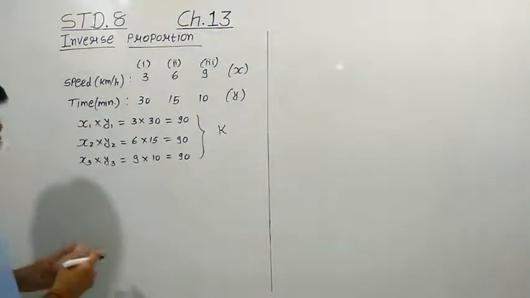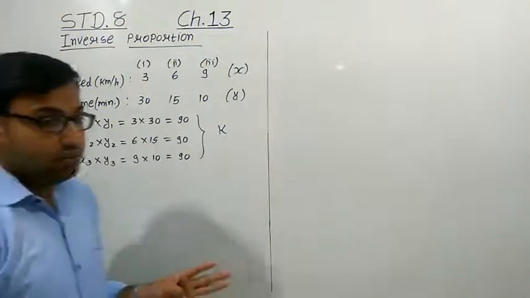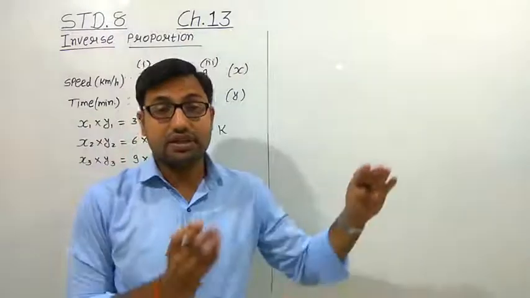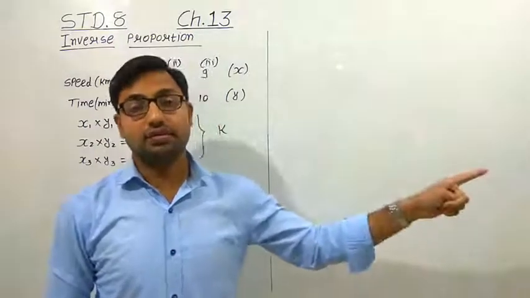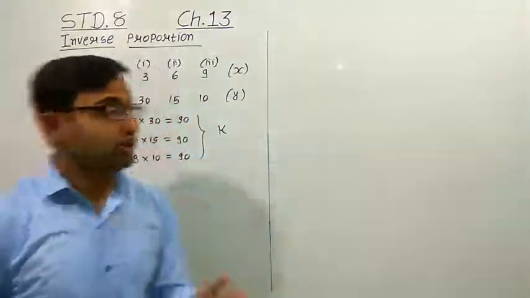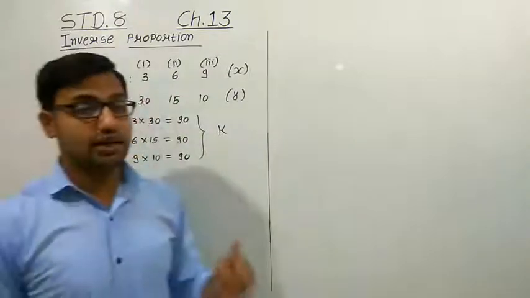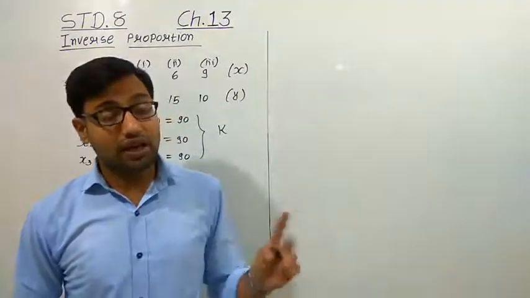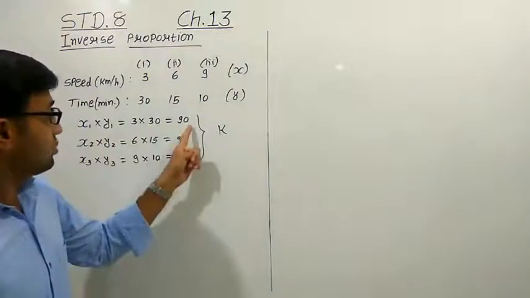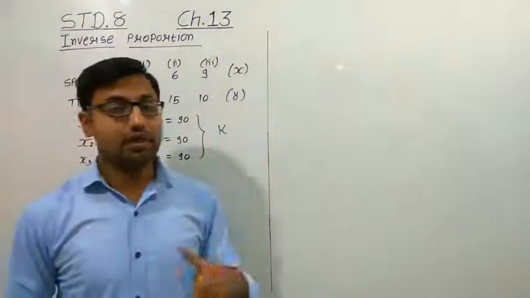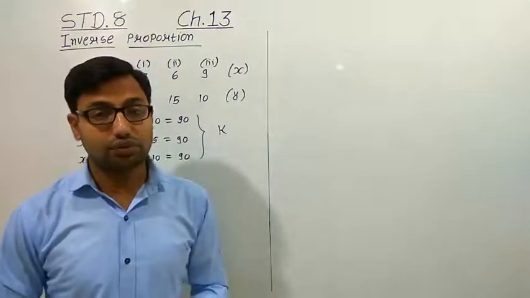Right? So what we have to do is multiply both these quantities, and it will remain the same for all the cases. If that happens, then only we can say that the two quantities are in inverse proportion. If in any case the constant is not the same, then we can say that it is not an inverse proportion.